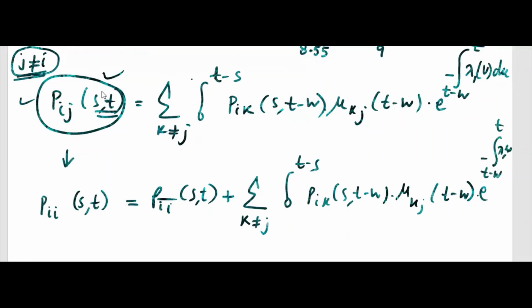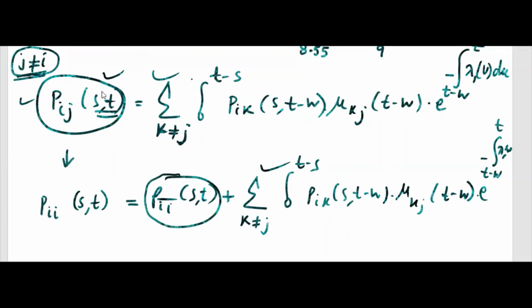So if you see this one and this one, this expression and this expression, so if j is a state, you are changing to k is not equal to j, and then 0 to t, whatever we have written, everything we have to write. So this will give one thing where I will be from i to i.